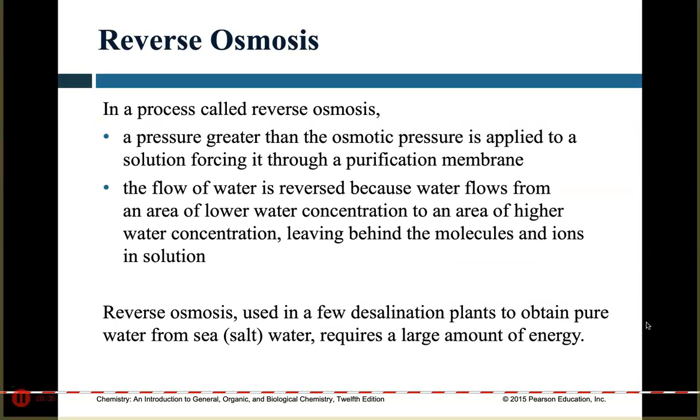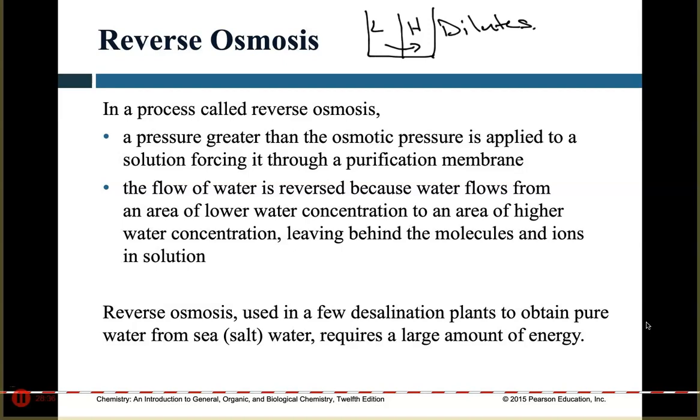Osmosis is the forward process, where water goes from low to high concentration and effectively dilutes it out, but it's not necessarily purifying the water. The water is freely going back and forth.